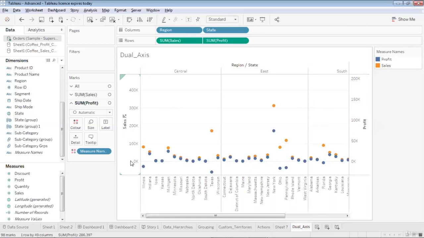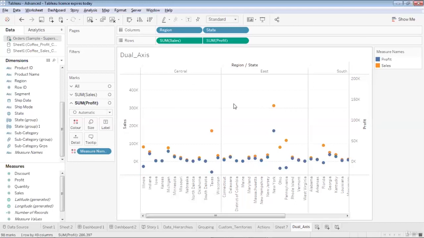But since there are two measures which have different scales, profits range from negative value to positive value, whereas sales are always greater than or equal to zero. So both these axes are quite different from each other, but still they have been plotted together to show the sales and profit generated by each state within each region.